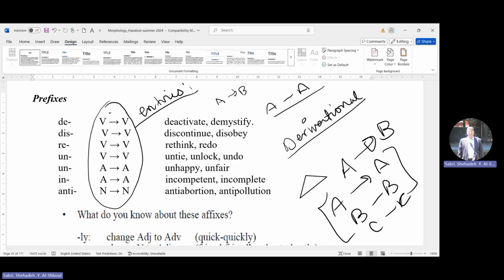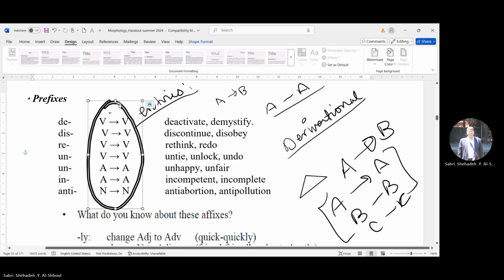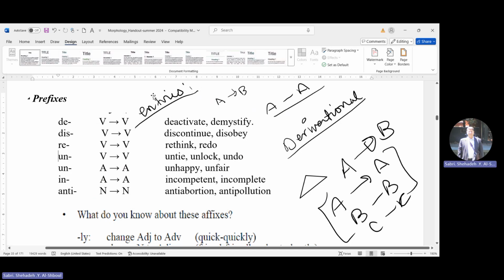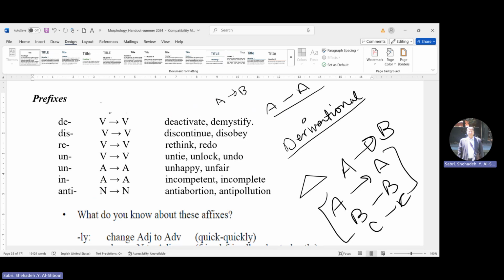So let's call this entry 1 and this entry 2. In the lexicon, the entry for the verb activate is different from the entry stored in the lexicon for deactivate.